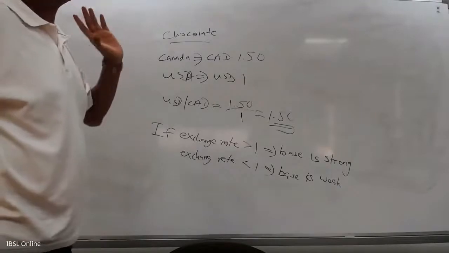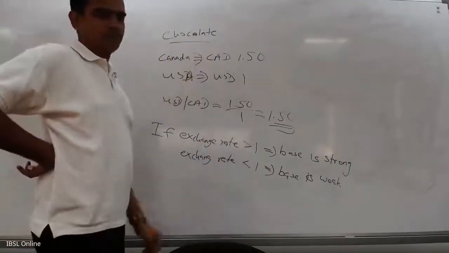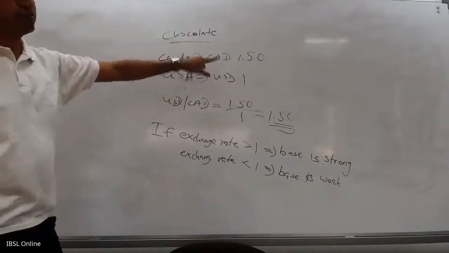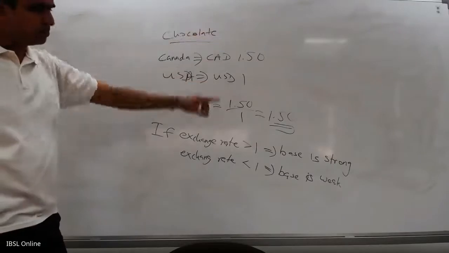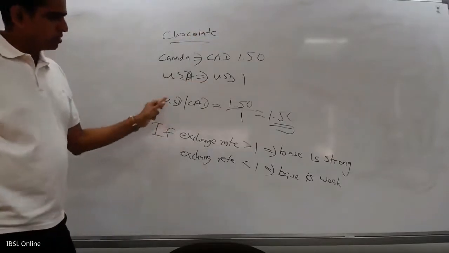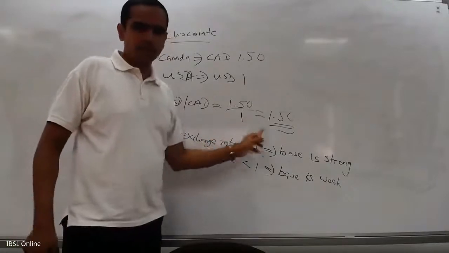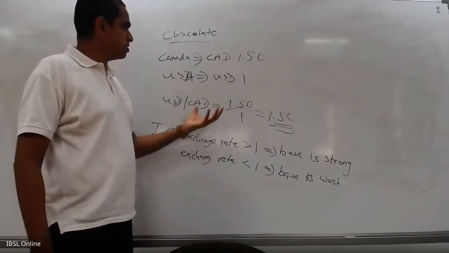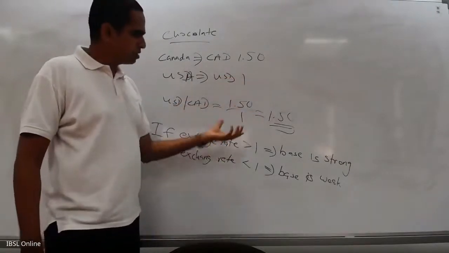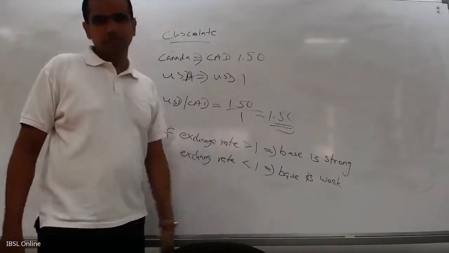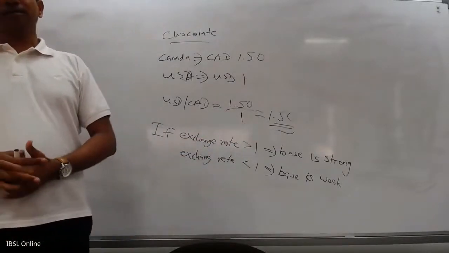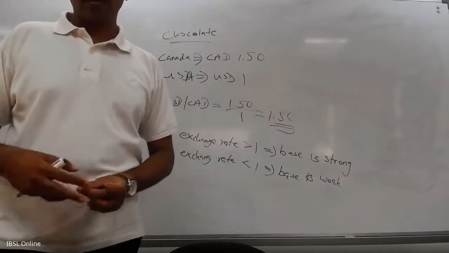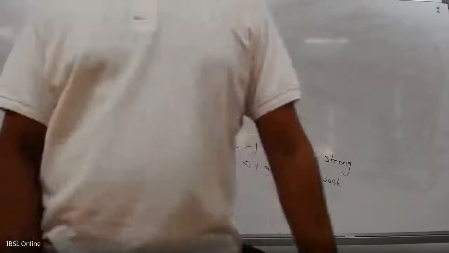That means 1 US dollar will buy you more. So the dollar has to be strong. If the dollar is the base currency and is strong, the answer you should get should be more than 1. So that's why it's 1.5 divided by 1. By any chance, if the Canadian dollar was stronger, then this would have been the other way. That's how it works. Okay, so there is only logic, there is no magic. I hope it's clear. All right, so let's move on.